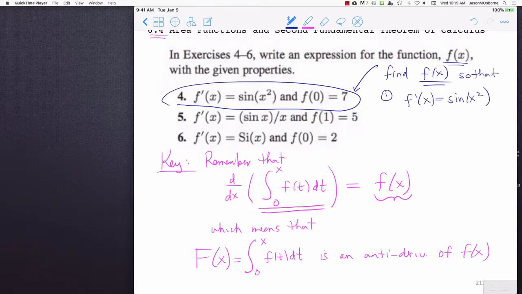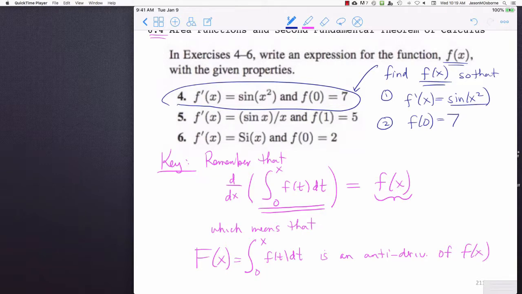What function can you come up with that has a derivative of sine of x squared? And two, that function, when you evaluate it at 0, is supposed to give you 7. That's what we're being asked in this question.